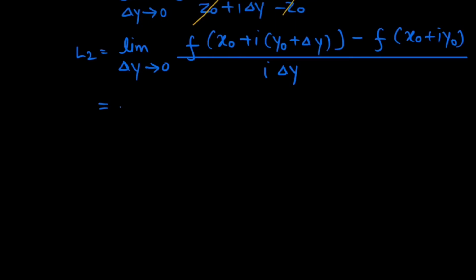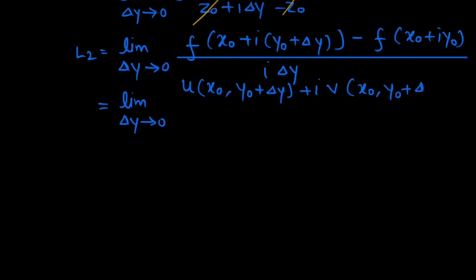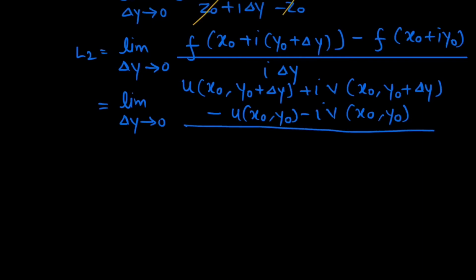Okay, so we have limit delta y tending toward 0, u of x naught comma y naught plus delta y plus iota v of x naught comma y naught plus delta y, minus f of x naught plus iota y naught, which will be u of x naught comma y naught minus iota v of x naught comma y naught, and in the denominator we have iota delta y.